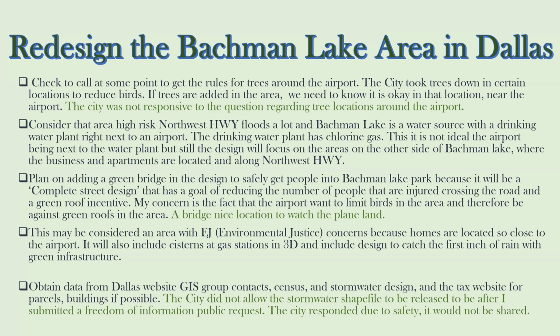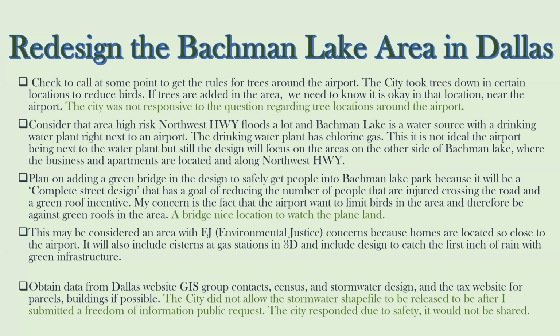The city would not share the stormwater shapefile. I did a public information request and they said that as far as safety goes, they didn't want to share the stormwater map shapefile. I did inquire about where I could plant more trees, because they do want to reduce birds for this airport.